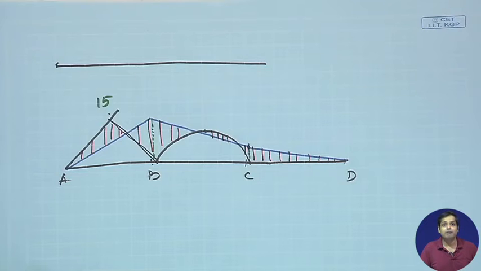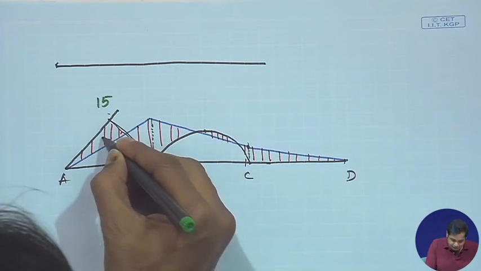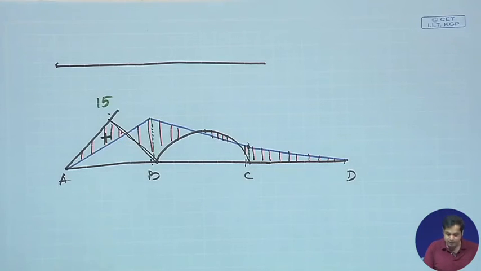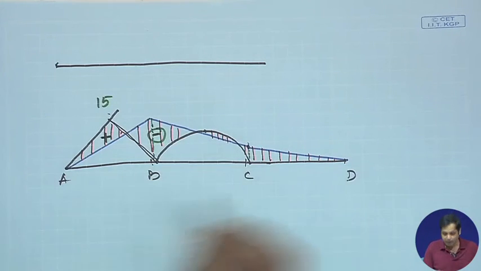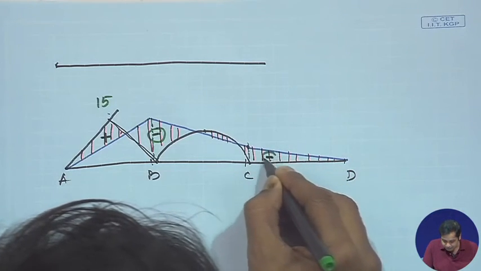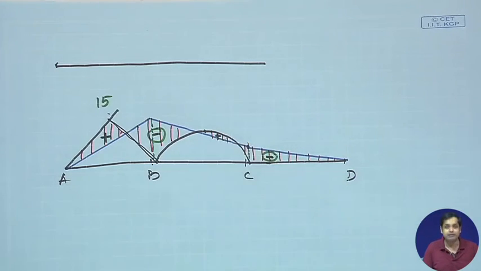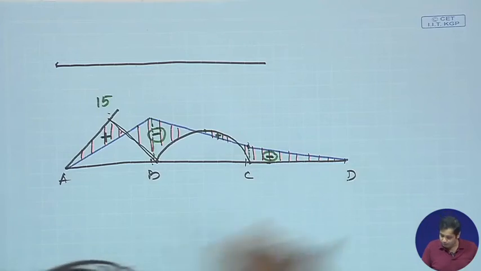This will be the bending moment on this, and the values will be: this is positive, this is positive, and this is negative. This is also negative and this is positive. This is one way you can show the bending moment diagram.